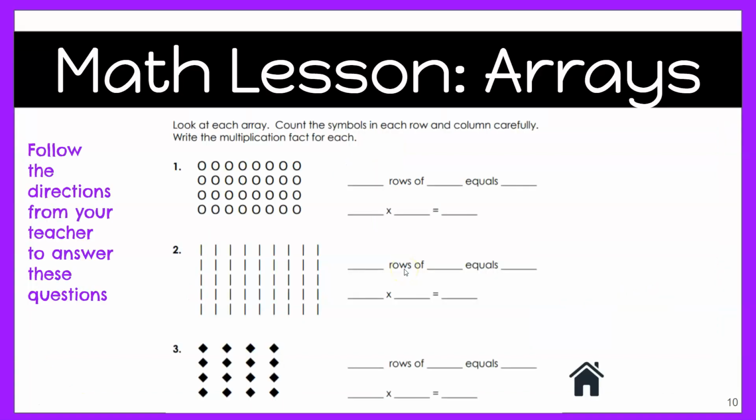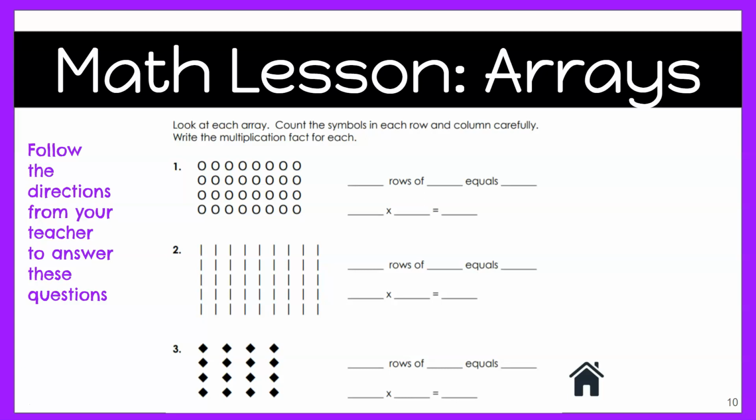So I'm going to have you look at each array, count the symbols in each row and column carefully, and then write the multiplication fact for each. So I'm going to help model you through this first one. I could count 1, 2, 3, 4. So rows go side to side, just like you're rowing a boat side to side on a lake, of how many columns.